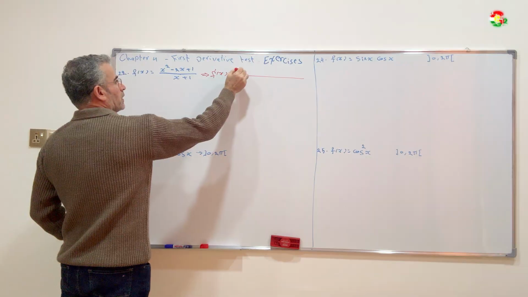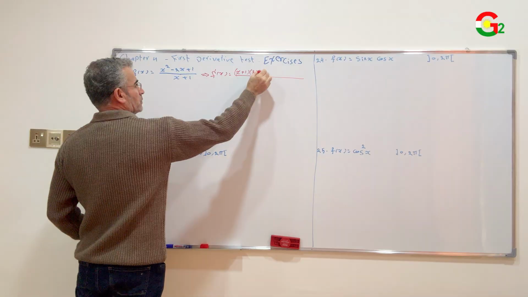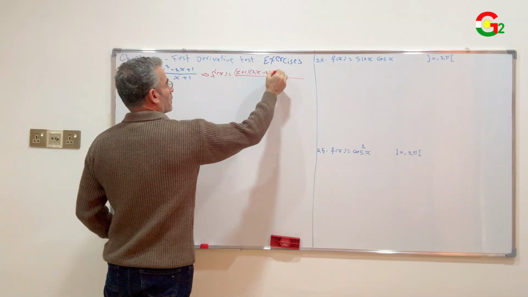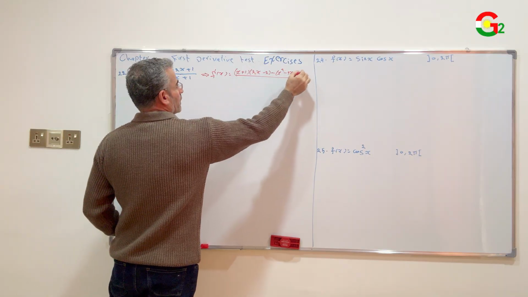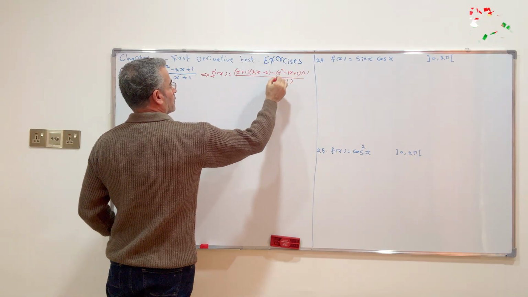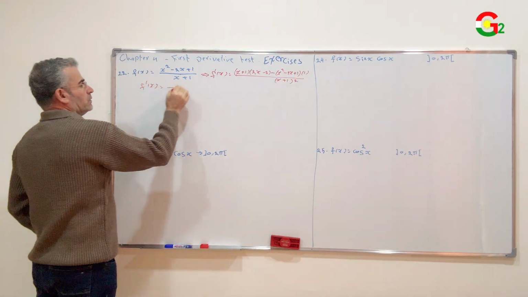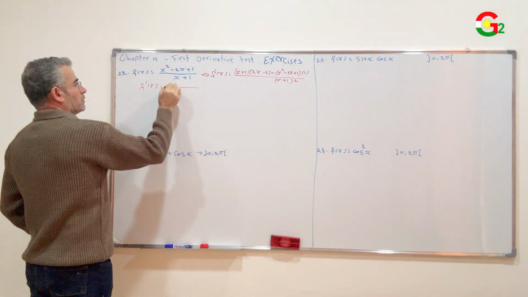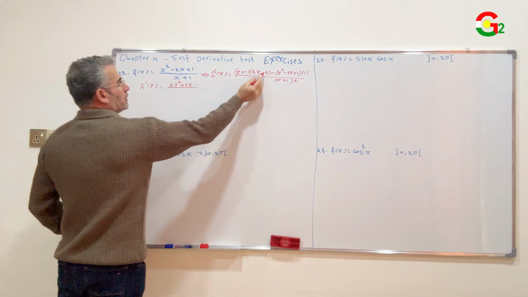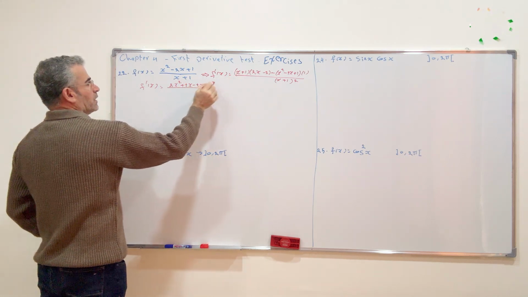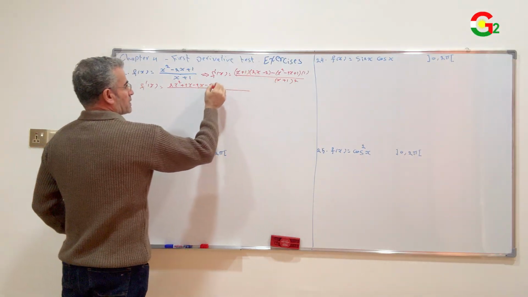The denominator x + 1 times the derivative of the numerator 2x - 2, minus the numerator x^2 - 2x + 1 times the derivative of the denominator 1, all over the denominator squared.